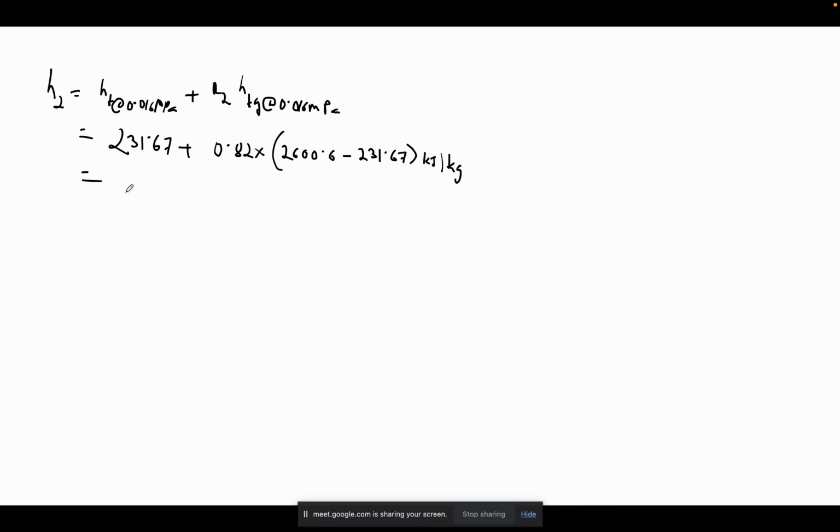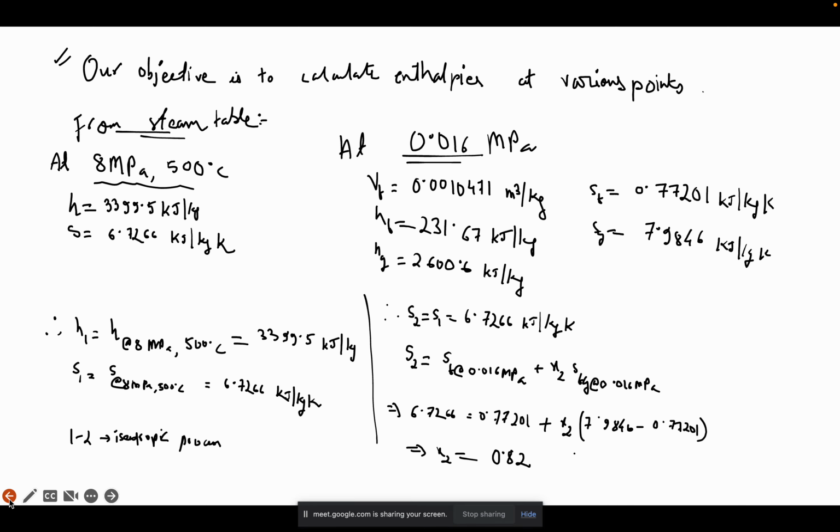So your H2 is 2174.1926 kilojoule per kg. So I have got H1 and I have got H2.